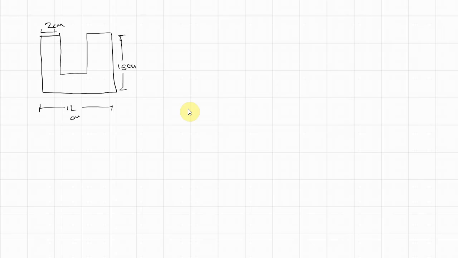Just trying to remember what the question was telling me. I think that was all the information we needed from that. Yep. And then it told us in the question that the density was 8 grams per centimeters cubed, and it wanted us to find the mass.